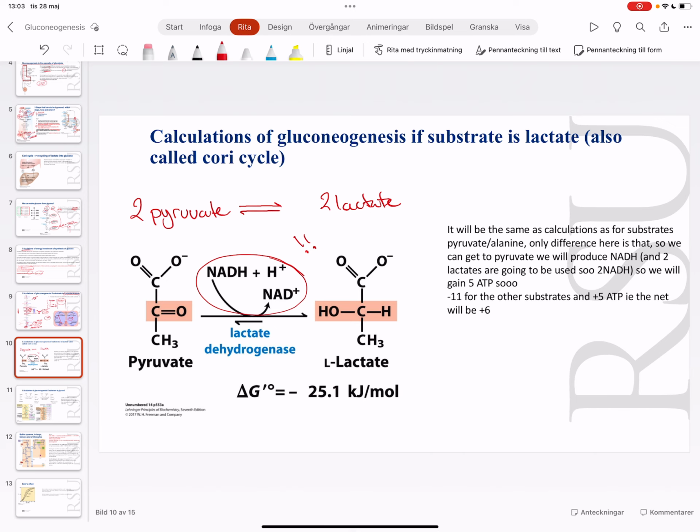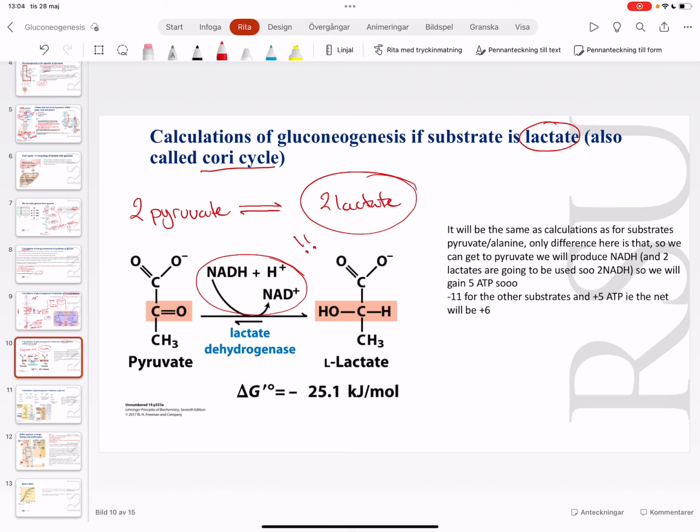The second substrate for gluconeogenesis was lactate. And if we use lactate for gluconeogenesis, this is called the Cori cycle. So if we want 1 glucose molecule, we will have to use 2 lactate molecules.